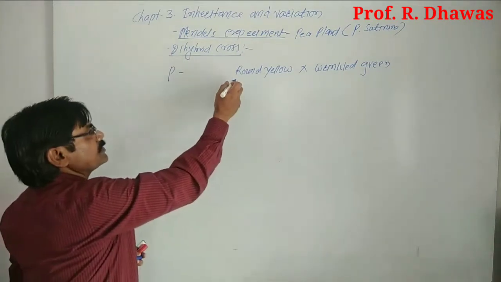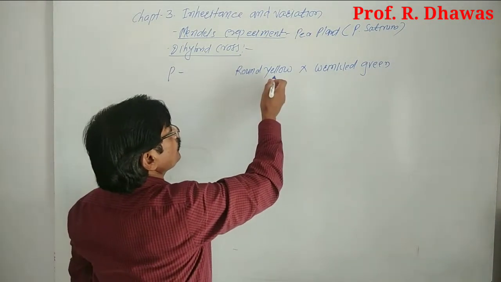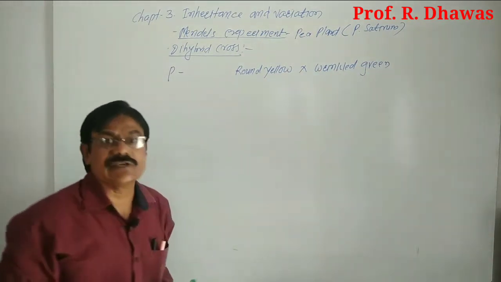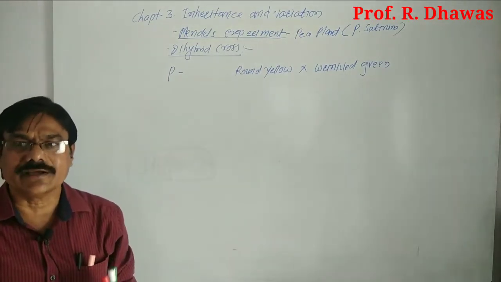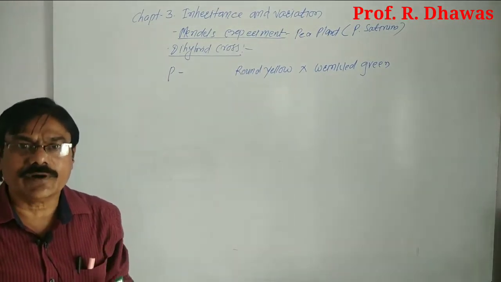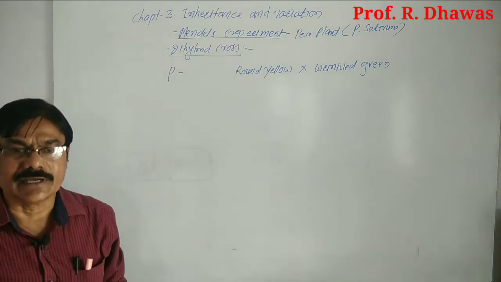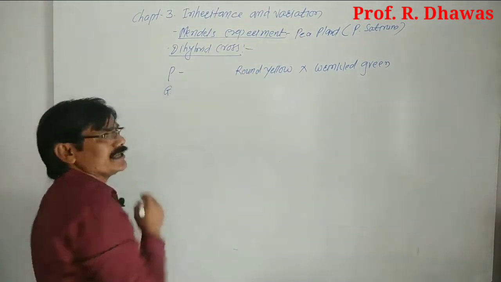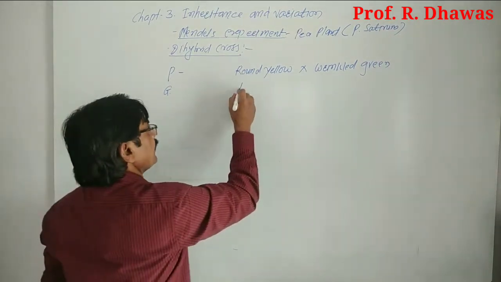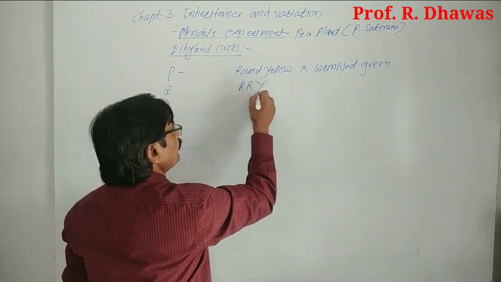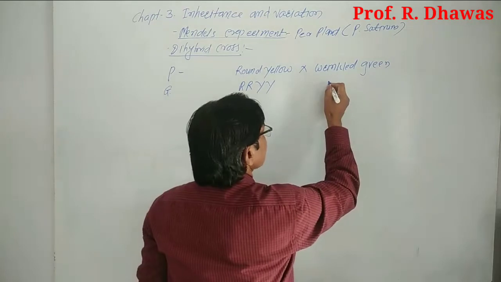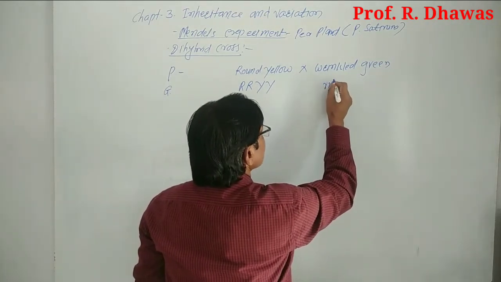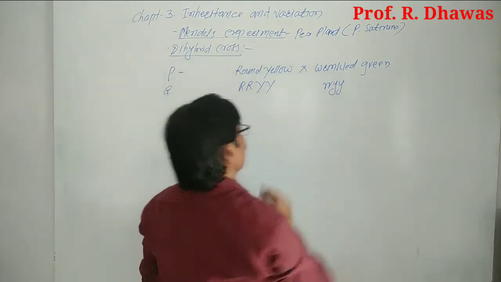Now these are the parents, which are pure breeding parents, that is homozygous in nature. They only produce the same type of gametes. As per this, they have the genotype, or genetic makeup, capital R capital R, capital Y capital Y. The recessive one is small r small r, small y small y.